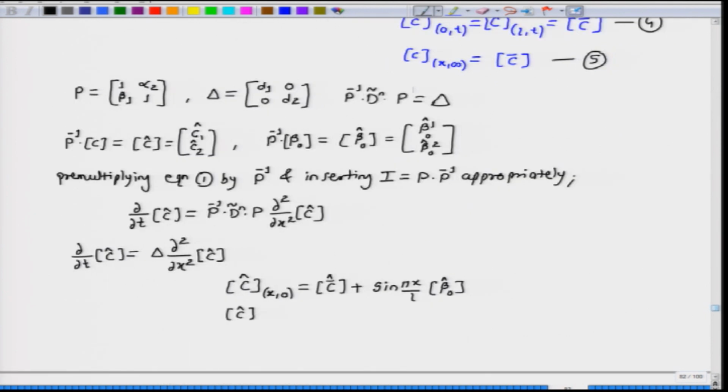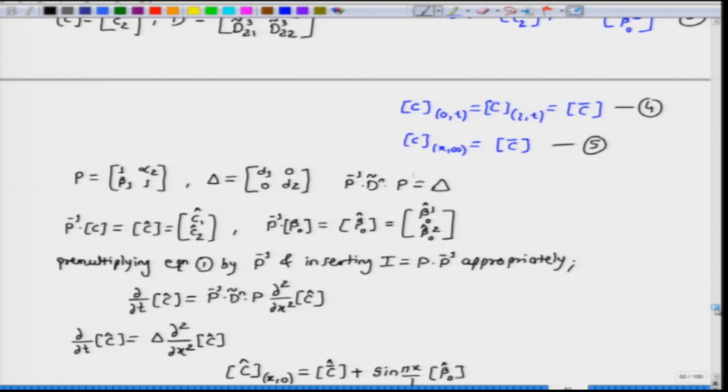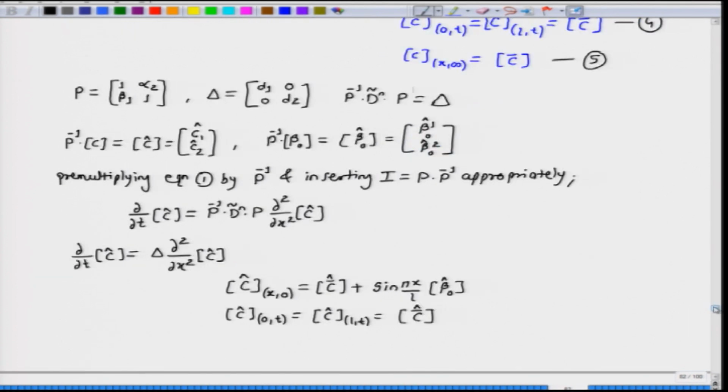C cap at 0, t should be equal to C cap at L, t should be equal to C bar cap, and the last condition can be written as C cap at x, t equal to infinity should be equal to C bar cap.